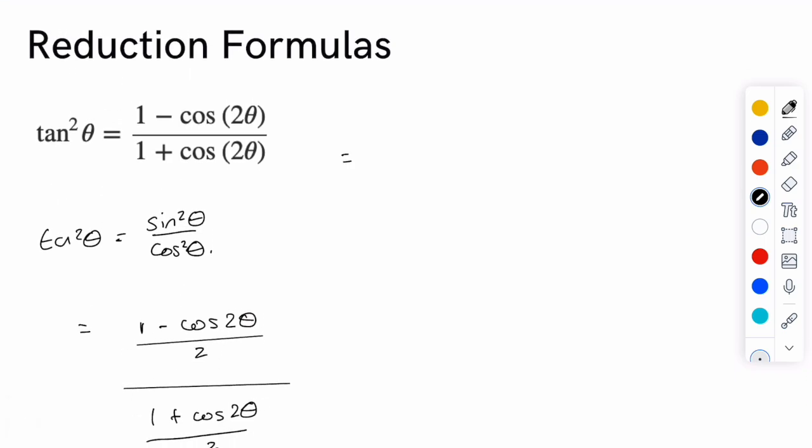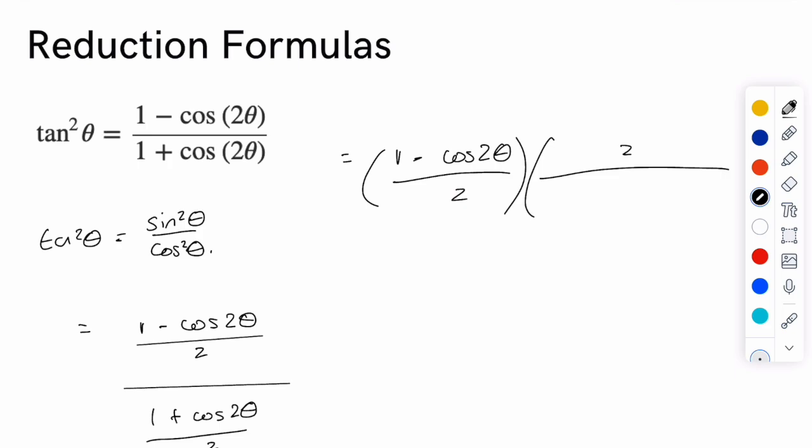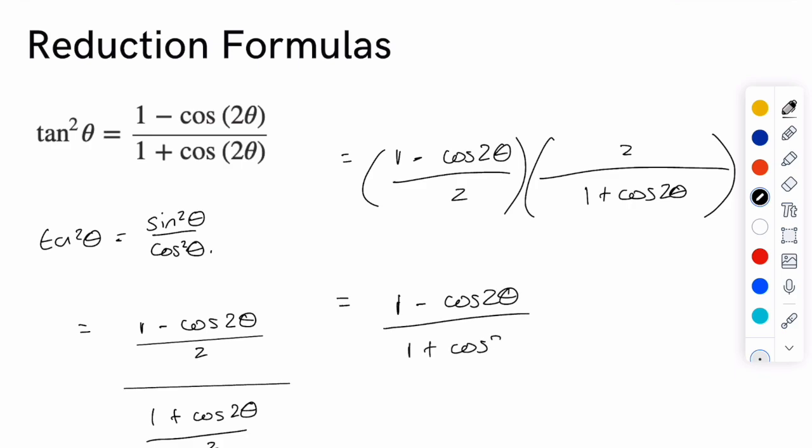What that's going to equal is 1 minus cos 2 theta over 2, multiplied by 2 over 1 plus cos 2 theta, which equals 1 minus cos 2 theta over 1 plus cos 2 theta.